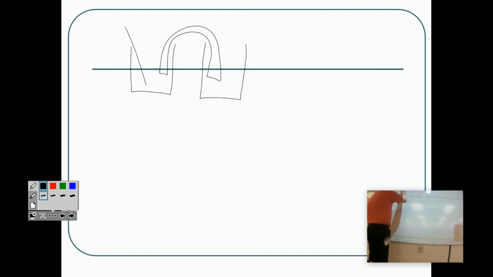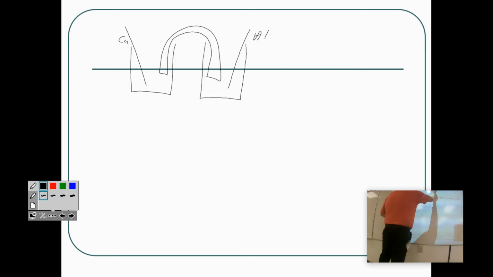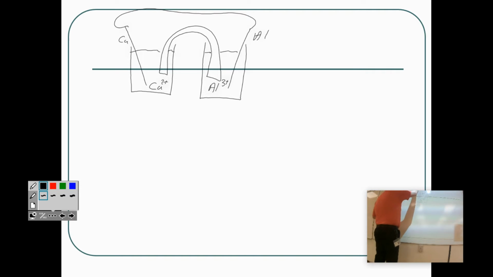We have the copper over here, the aluminum over here. We would have aluminum cations in there and copper 2+ cations in there. And then we have a wire with a voltmeter up here.